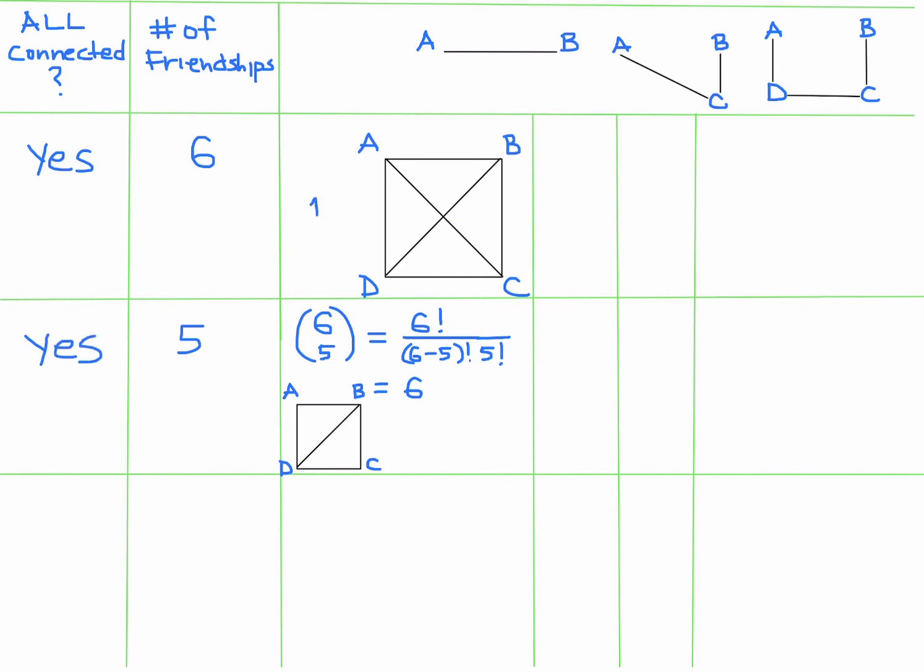So far, there was only one way of making that box. So that's 1. There's 6 ways of making a situation where you have only 5 sticks, 5 connections. So that's 6. Okay. Now, some of you might say, well, I know another way of drawing this diagram. What about if you had something like this?